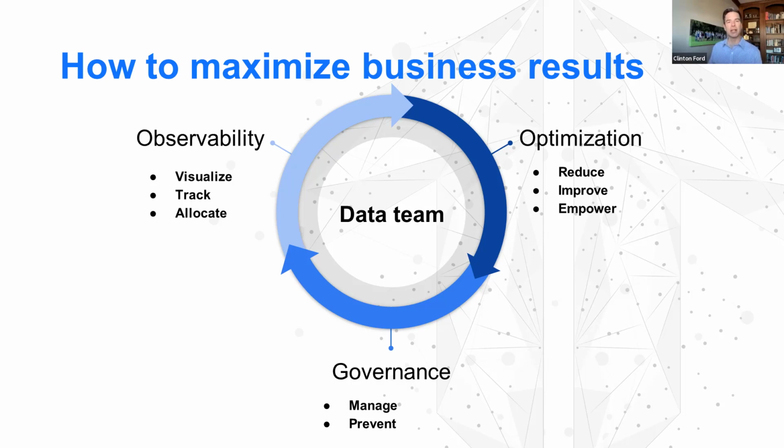So each phase builds upon the previous one to create a virtuous cycle of continuous improvement and empowerment for individual team members, regardless of their expertise, to make better decisions about their cloud usage while still hitting their SLAs and driving results. In essence, this shifts the budget left, pulling accountability for managing costs forward.